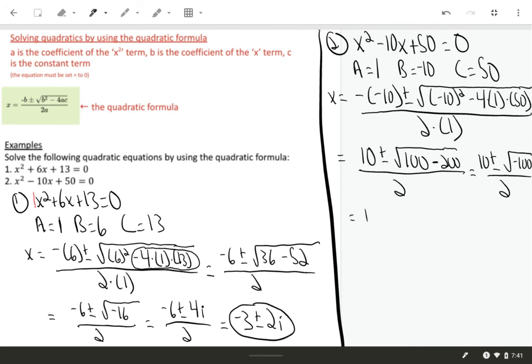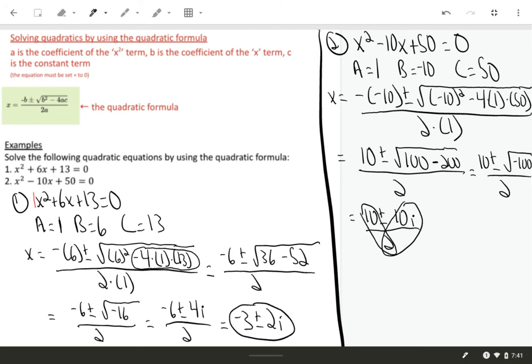Okay. 10 plus and minus the square root of -100. Because we're talking about complex numbers, that's going to be 10 plus and minus 10i. Right? The square root of 100 is 10. The square root of -100 is 10i. Divided by 2. And then just like we did before, I will separate out this fraction here.